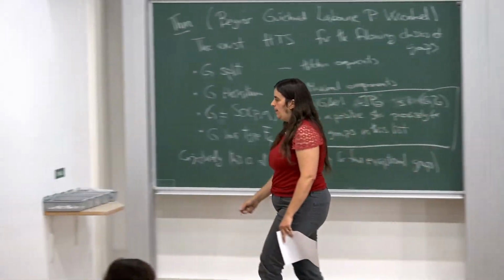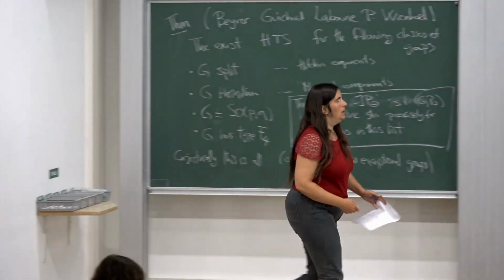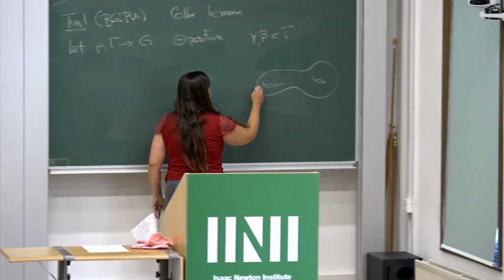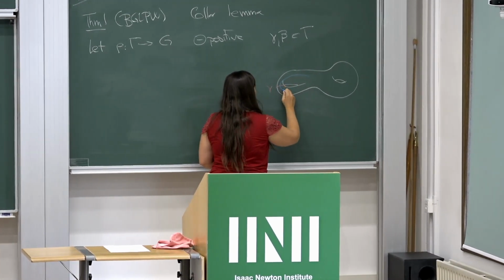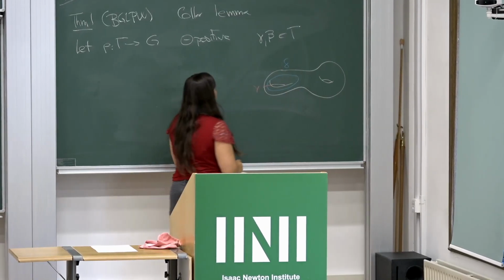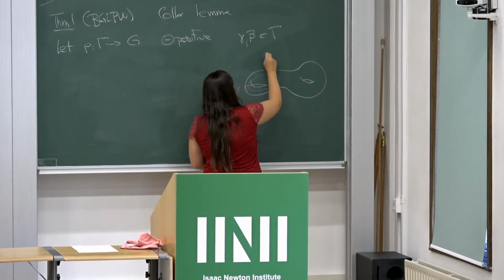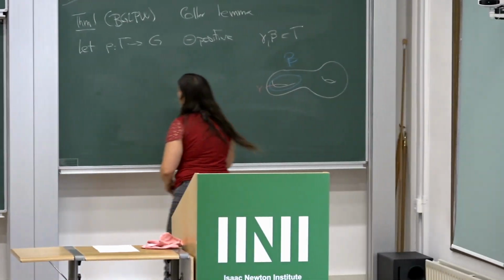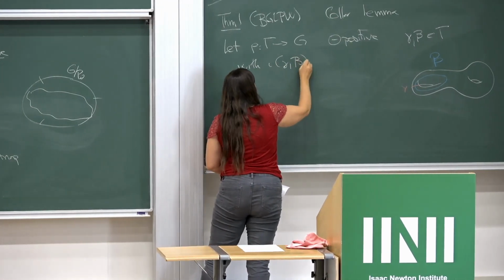That's a topological assumption on these two group elements. Maybe gamma is this one, and beta is this one. So the intersection of gamma and beta is at least 1.